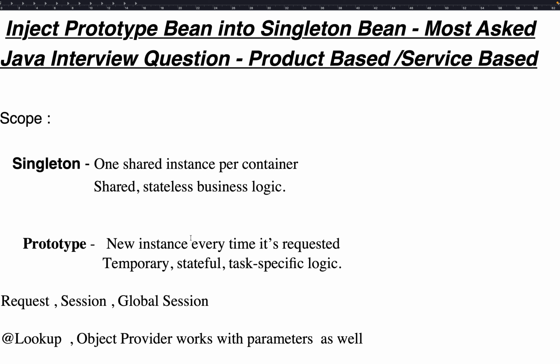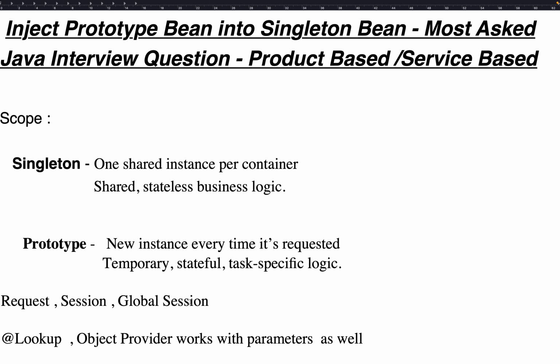These beans are temporary, stateful, and hold task specific logic. Other scopes are request, session, and global session. For each HTTP request, a new bean is created in request scope, and for each HTTP session, a new session bean is created. A global session bean is shared across the whole application.